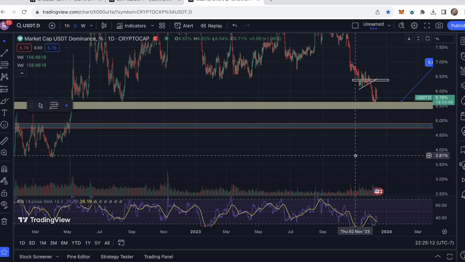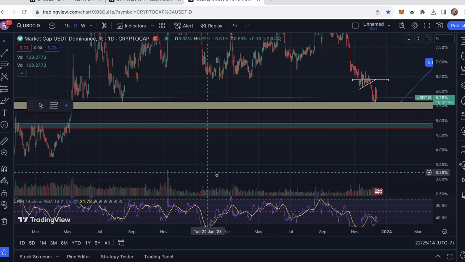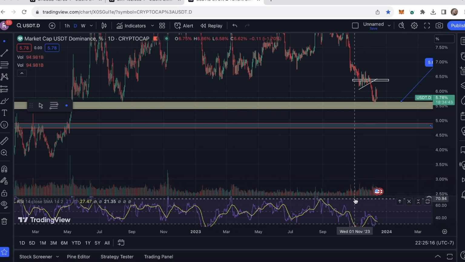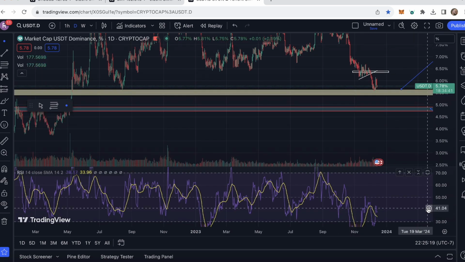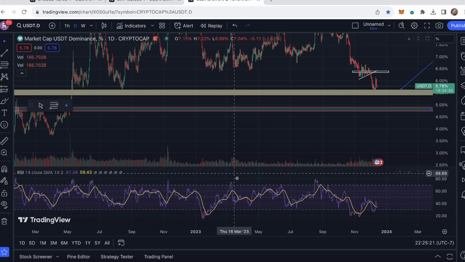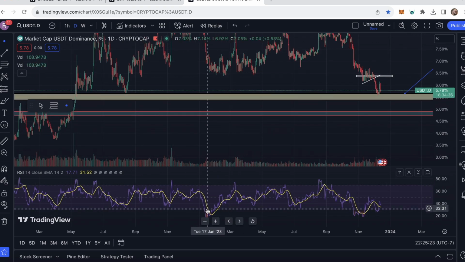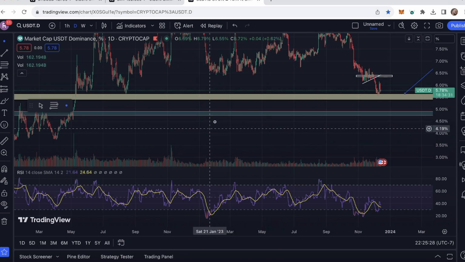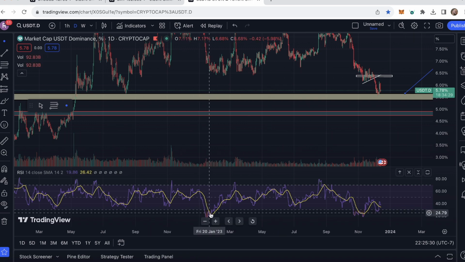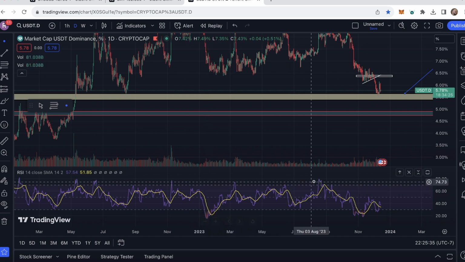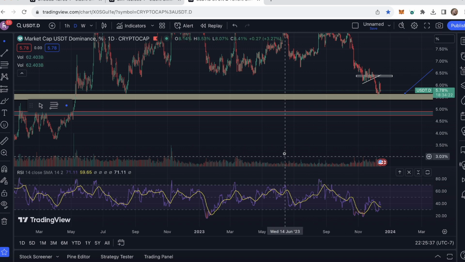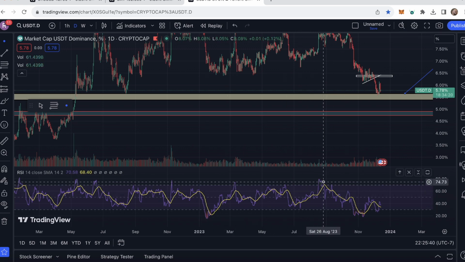And if we zoom into the RSI, I'm going to make this bigger a little bit. Okay, so last time, every time it goes to the oversold, I would say oversold because this is not oversold, but when it passes this level and turns red, and if it goes higher it turns green, that means we are in the oversold or overbought territory.